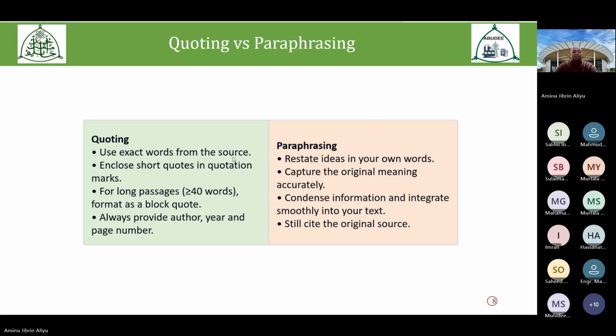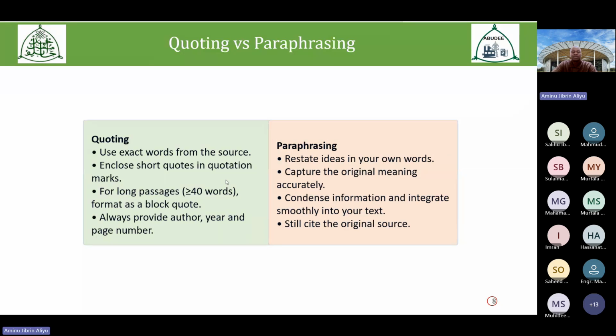We need to be specific and cite that quote with the author, the year, and the specific page number. Paraphrasing, on the other hand, means you are restating an idea in your own words. You have read a paper, for example, and you now understand the concept that paper is trying to establish.